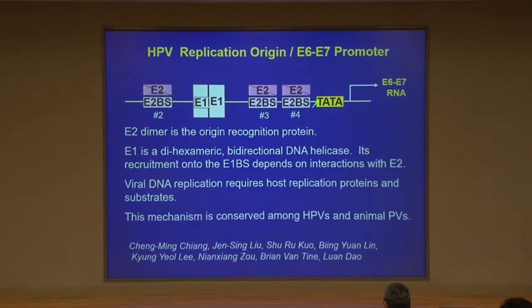Now, this mechanism of replication is conserved among all HPV, even animal papillomavirus. So if we can target this system, then the drug should be effective for all the viruses, regardless of which virus type, or even animal papillomavirus.